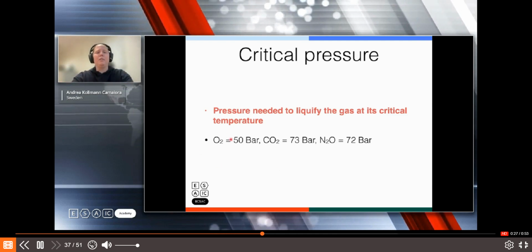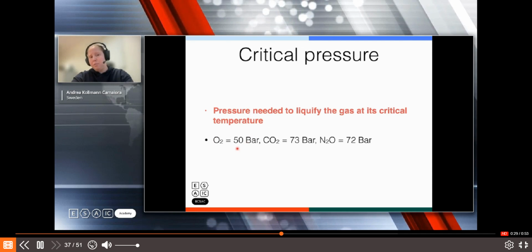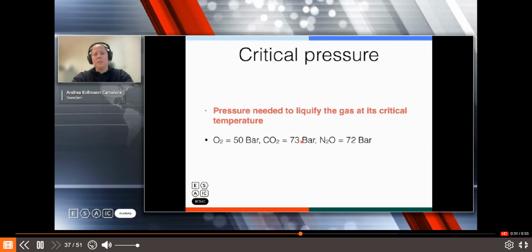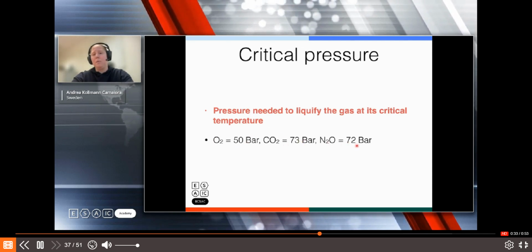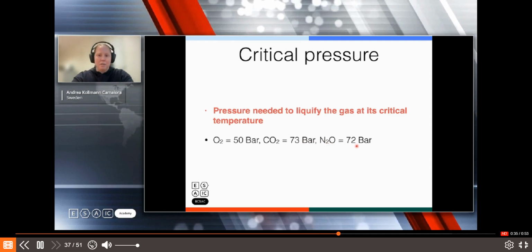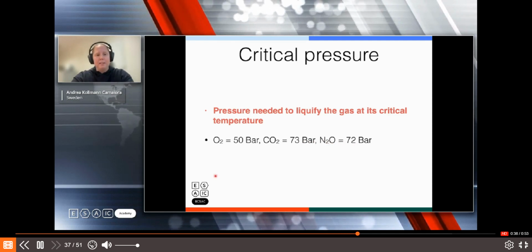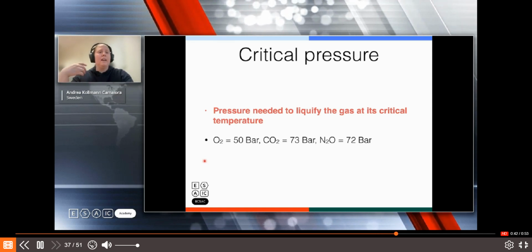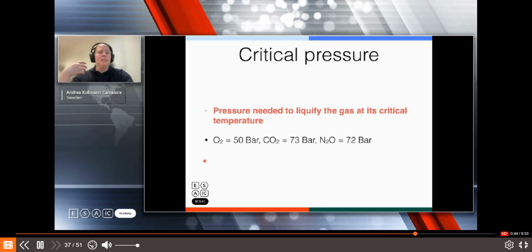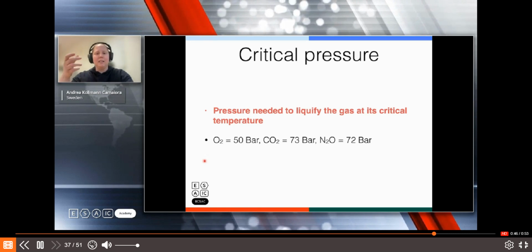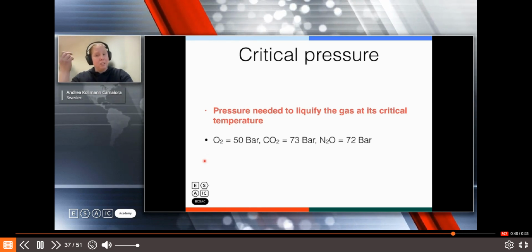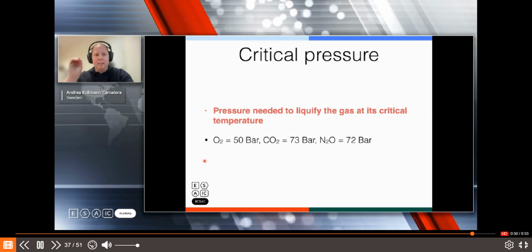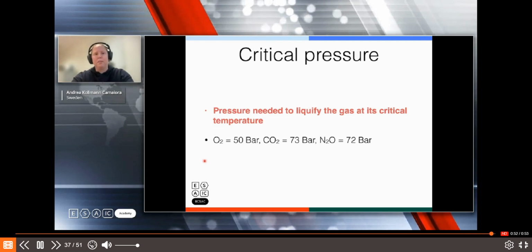For example, for oxygen it is 50 bar or 50 atmospheres, for CO2 it is 73, and for N2O it is 72. Again, these numbers have come previously in the exam, but what has come much more often is the concept. So they can ask you, critical pressure is the pressure needed to liquefy a gas above its critical temperature, and it's not above, it is exactly at the critical temperature. So that would be false.